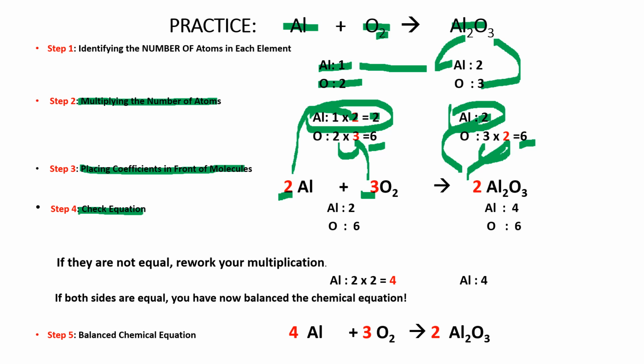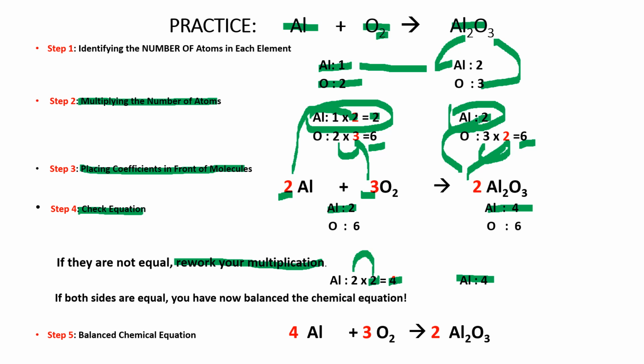Step 4 is check the equation. If they are not equal, like aluminum here is 2 and aluminum here is 4, they are not equal, right? So you have to rework your multiplication. The number to multiply by 2 to make it equal to 4 is 2. So 2 times 2 is equal to 4.